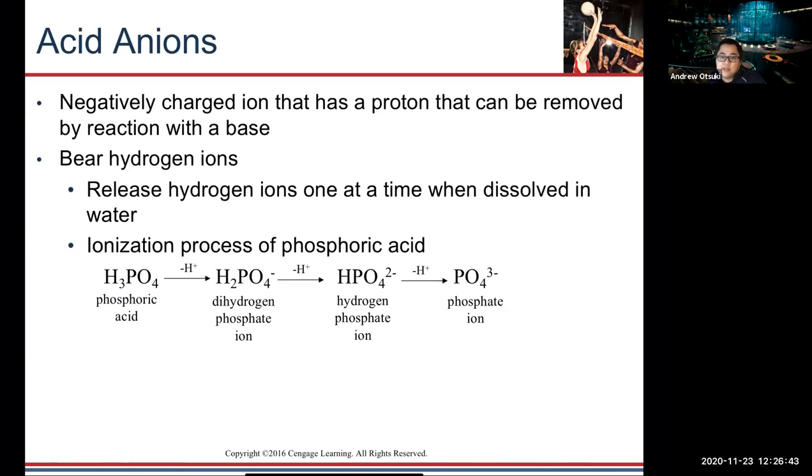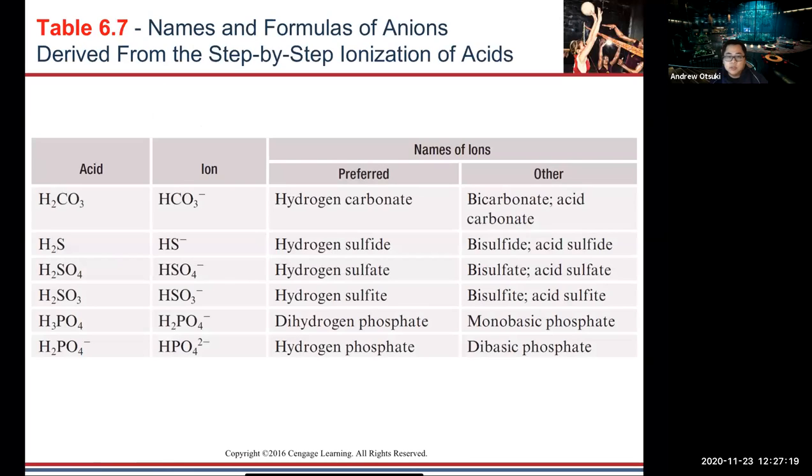So eventually we get to the phosphate anion, which is PO4 3 minus. This can occur for any acid that has more than 1 hydrogen in its formula. So sulfuric and phosphoric are the common examples, and other elements related to that: tellurium, selenium, and arsenic, in the same group as phosphorus.